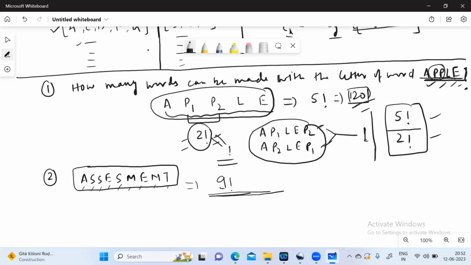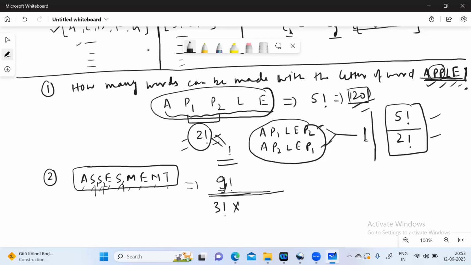Now we know that there are 3 S. Meaning in this 9 factorial, we are considering that all the 3 S are different: S1, S2, S3. So all the arrangements between S1, S2, S3 will lead to the same word. So we will divide it by 3 factorial.